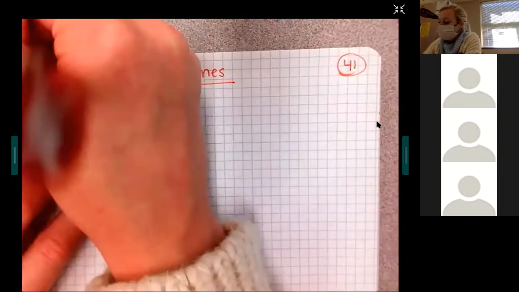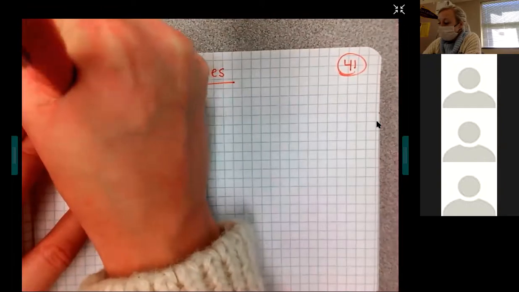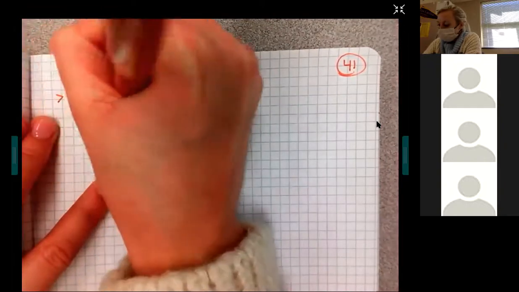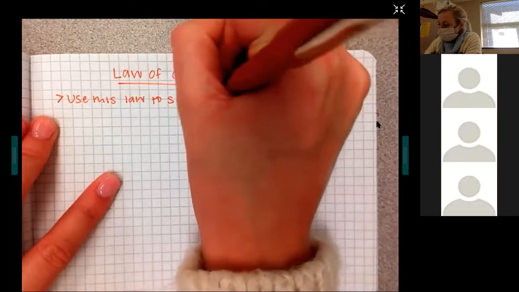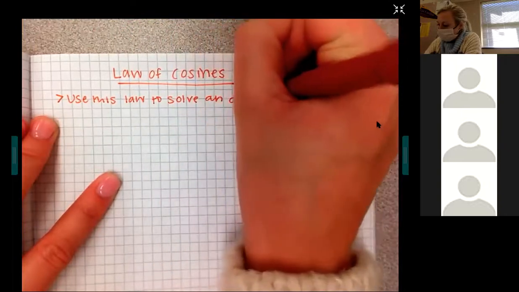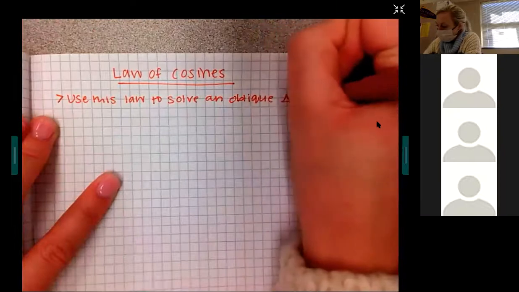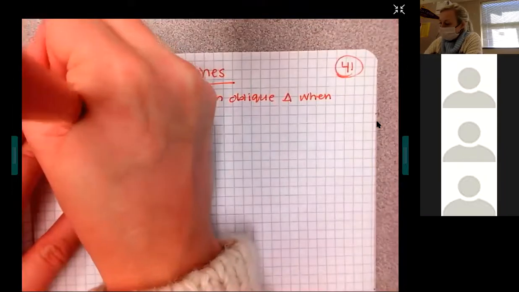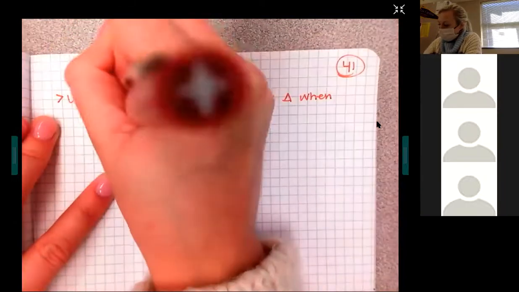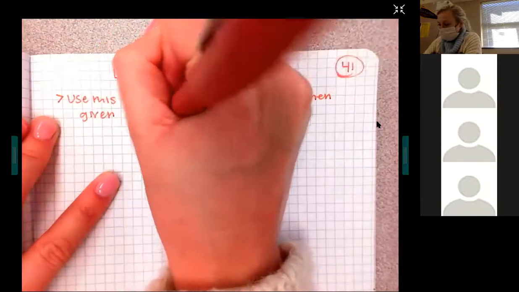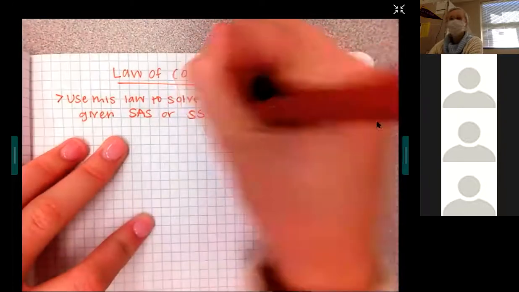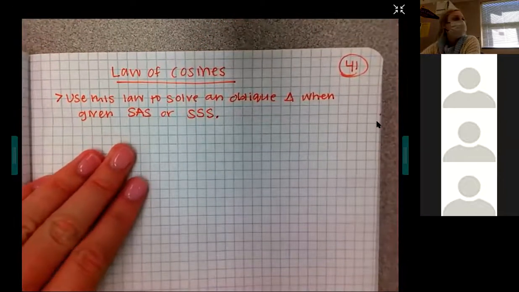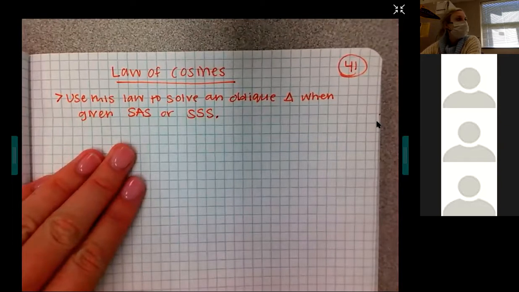So law of cosines, we have to use this to solve an oblique triangle when given side, angle, side, or side, side, side. You should not be given ASS, just to make sure we're all on the same page.